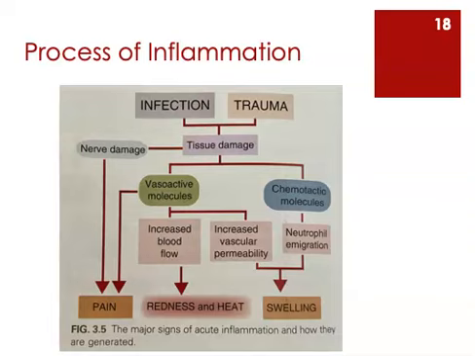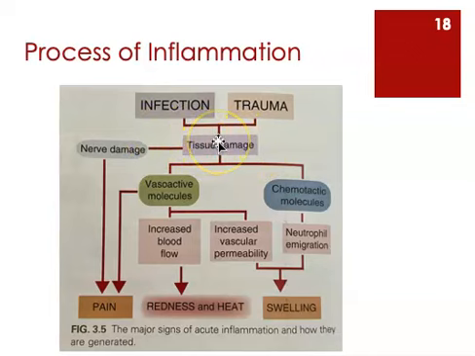If you start at the top of this diagram, you can see that infection will trigger inflammation. So can just plain old trauma to tissue, right? Let's follow the infection path. Infection produces tissue damage.